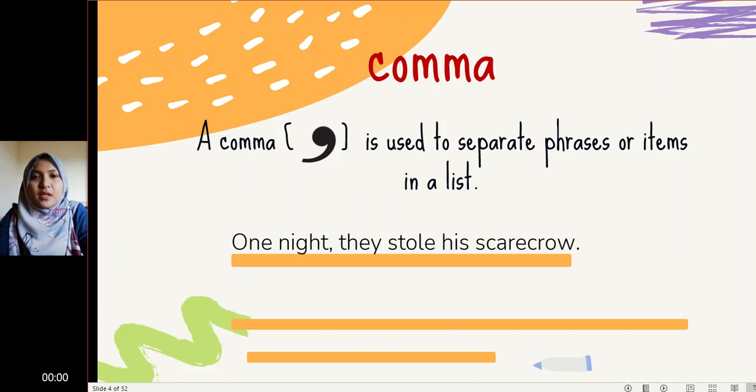For example: One night, comma, they stole his scarecrow. One night here is a phrase, and they stole his scarecrow is a complete sentence. So after one night, we put the comma. One night, they stole his scarecrow, and don't forget to put the full stop.